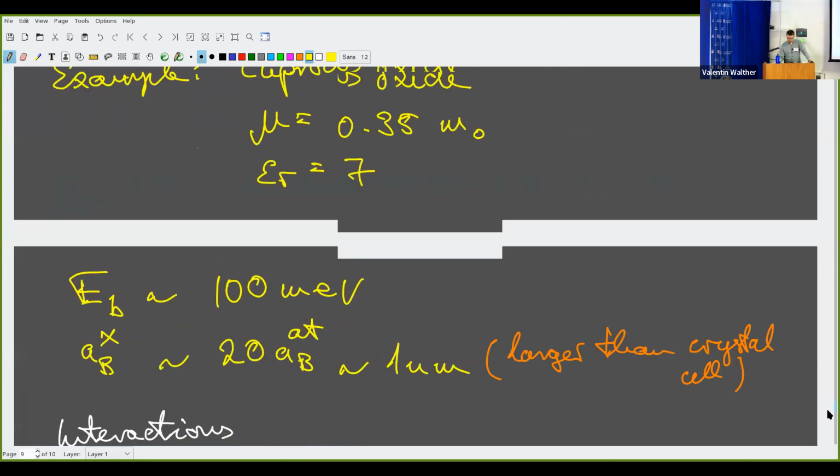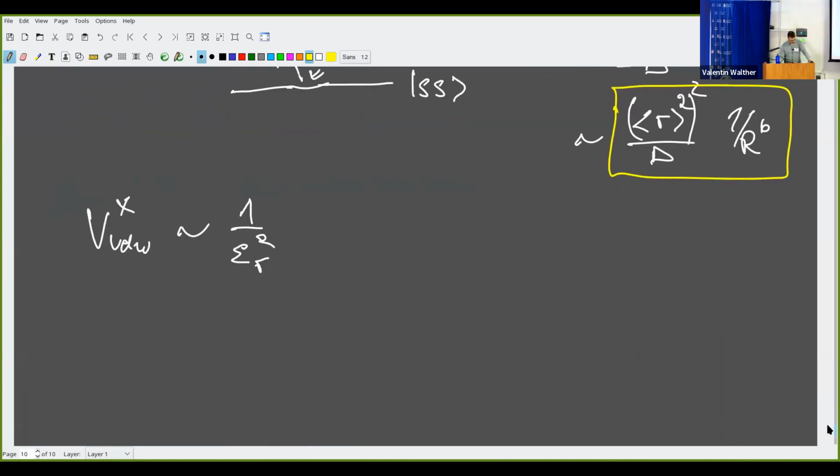And so if we put all of this together, what you end up with is epsilon r divided by mu m0. That's from the 4th order of the length scale that we have.